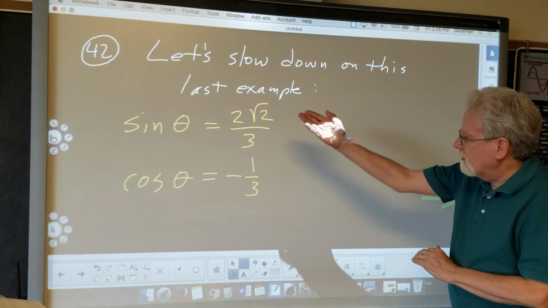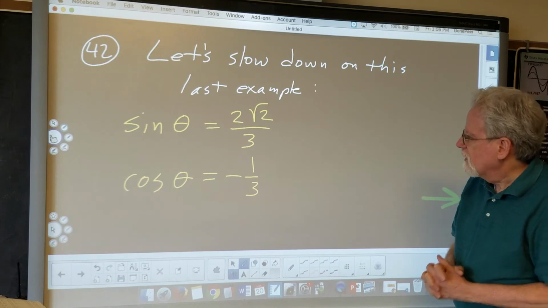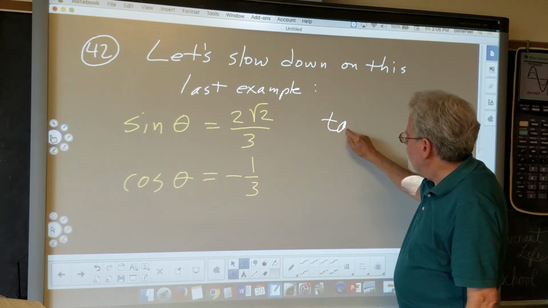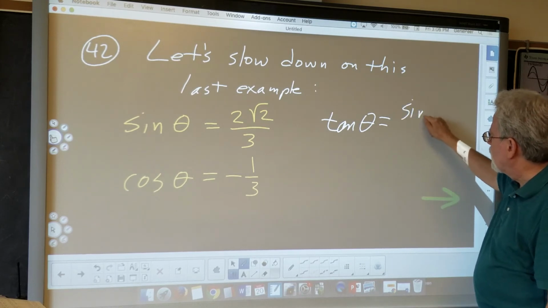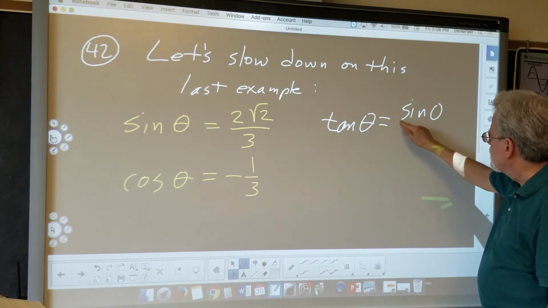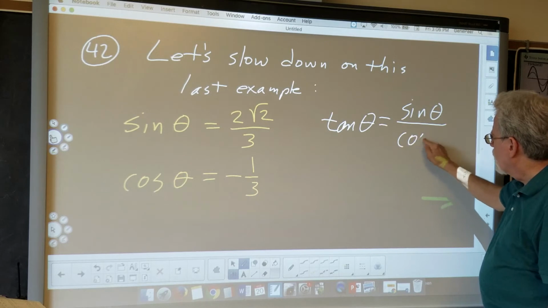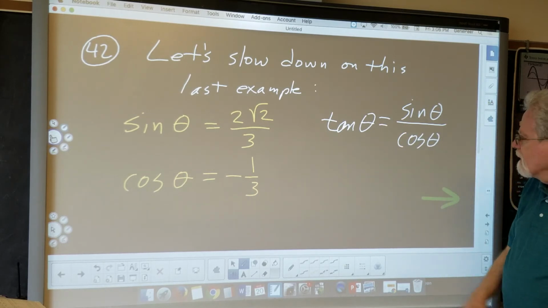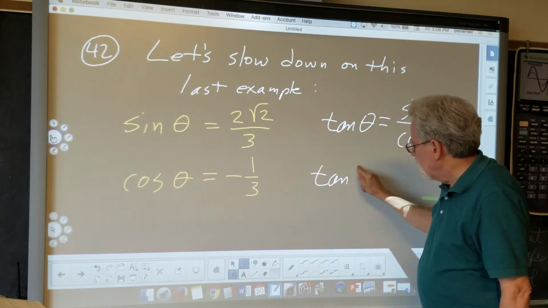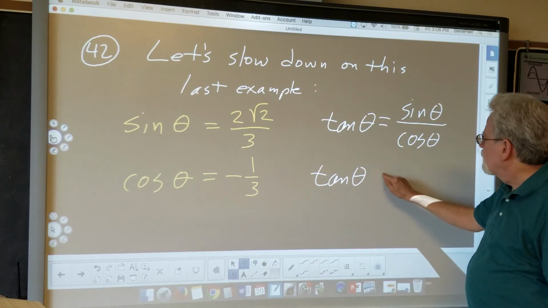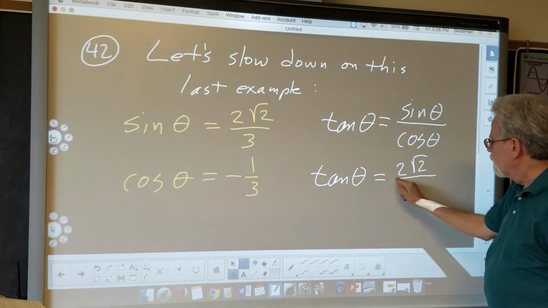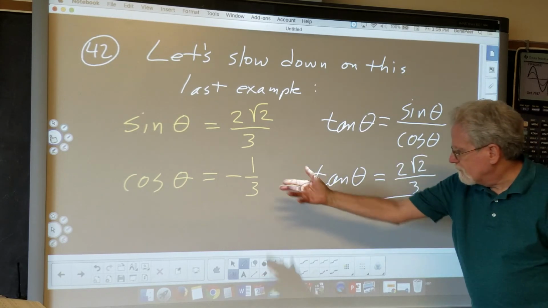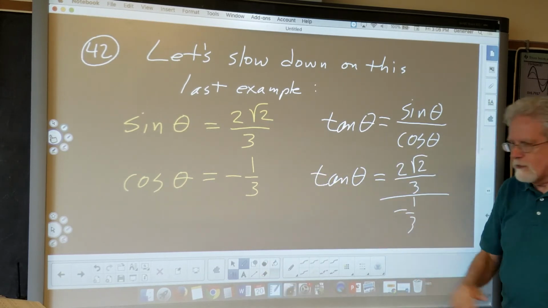So, sine and cosine given to us. We know that tangent of theta is simply, I almost said something wrong, is the sine of theta over the cosine of theta. So that means that the tangent of theta must be this 2 square root of 2 over 3 over negative 1/3.